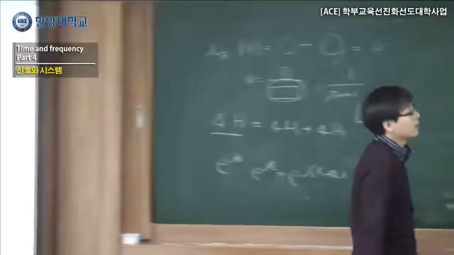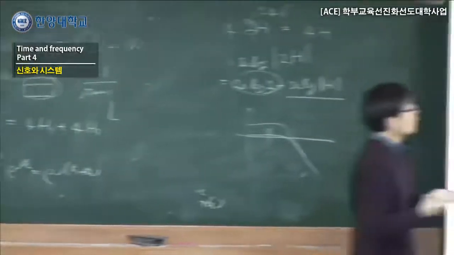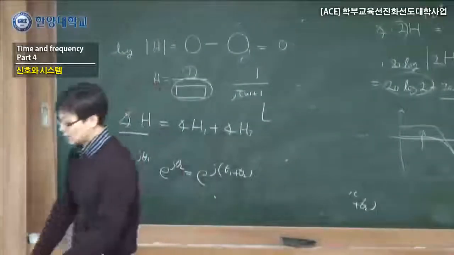If you are asked to find the system response, you do the same thing. You already find the system response, do the convolution with the input to find the output. That's quite similar in case of discrete signals.